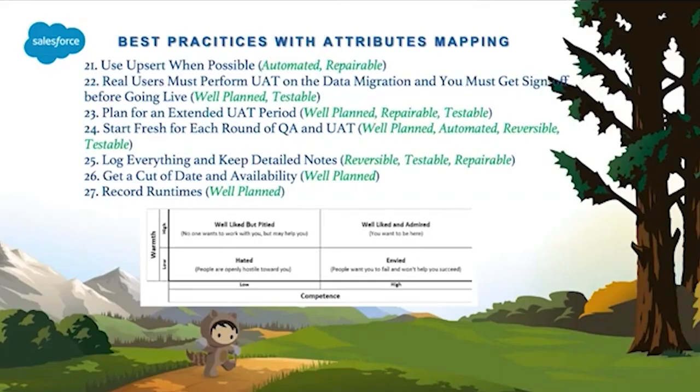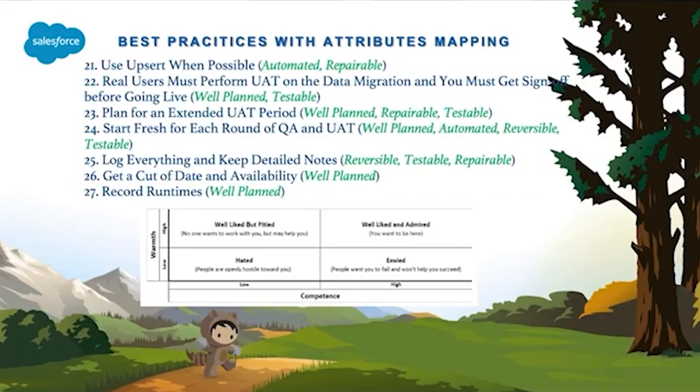Practice number 25, log everything as much as you can. This will help you with preparing a detailed deployment checklist document, and it will help you with any production support activities as well. There may be some known issues which you came across.